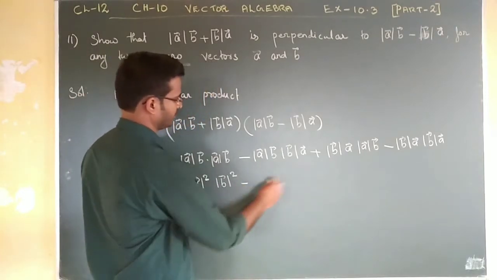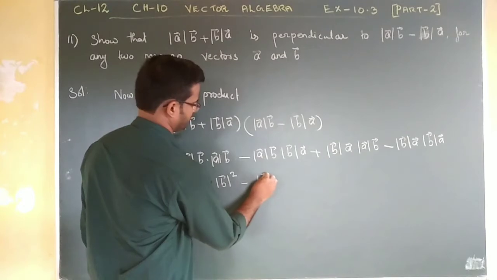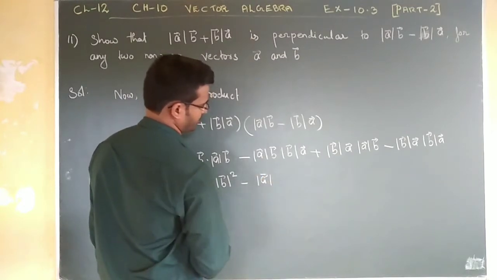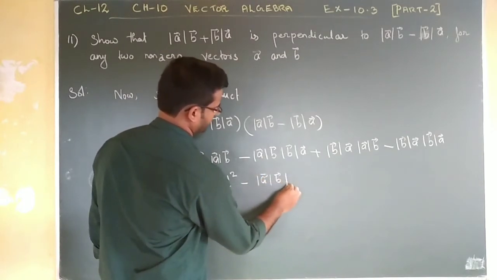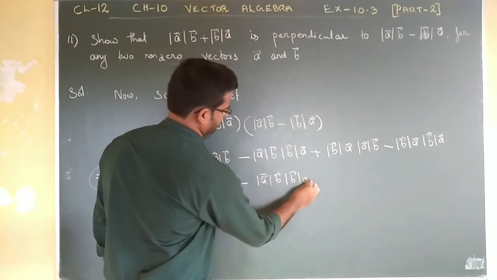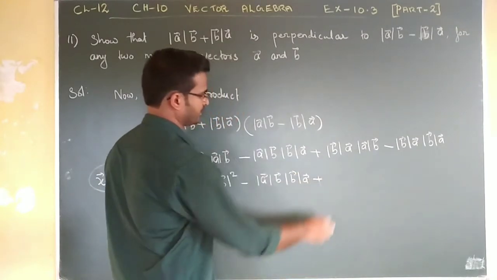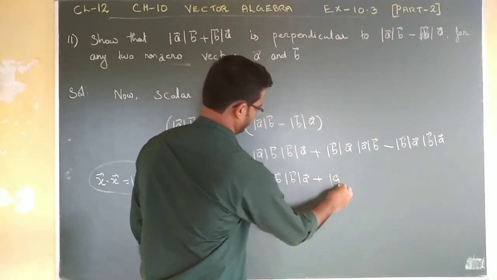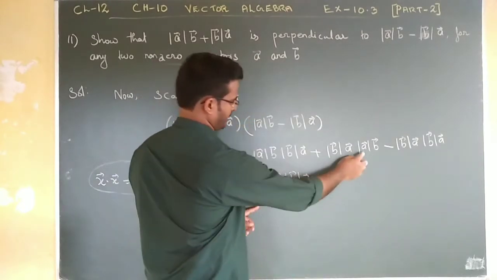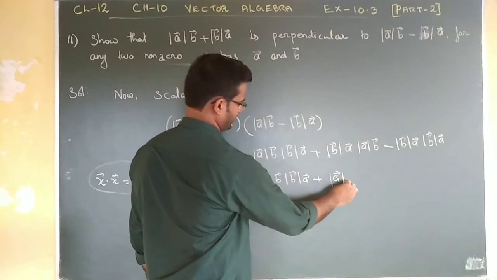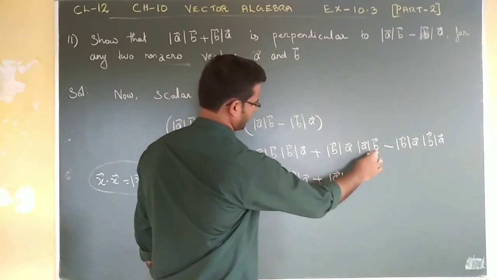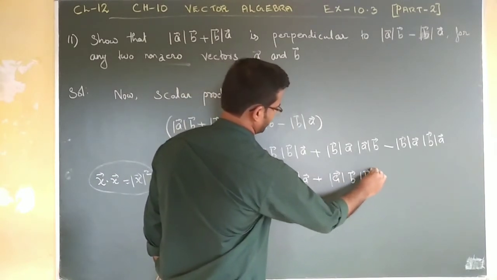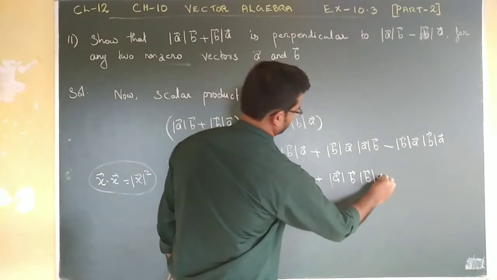Then modulus of a vector b vector a vector plus this also we can rearrange. First same like this vector, first write magnitude of a vector, then b vector, then magnitude of a vector, then vector.